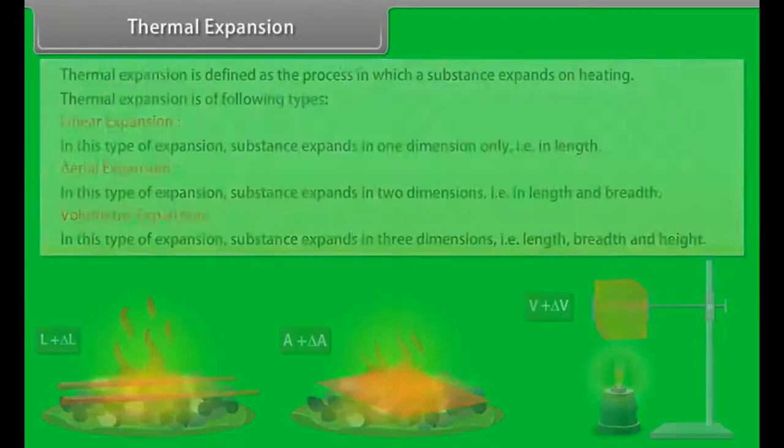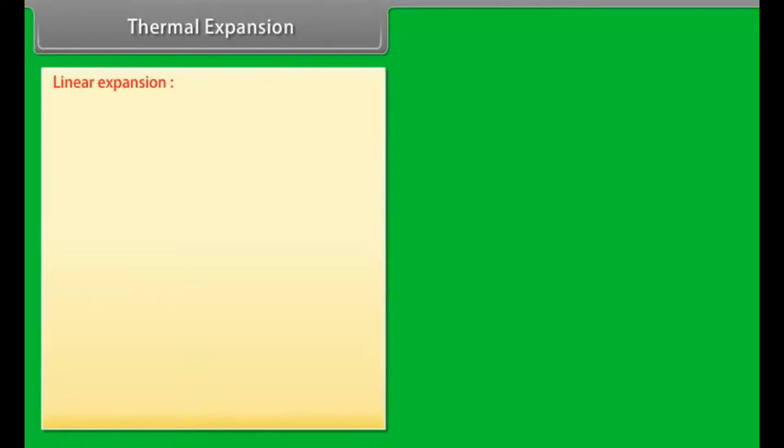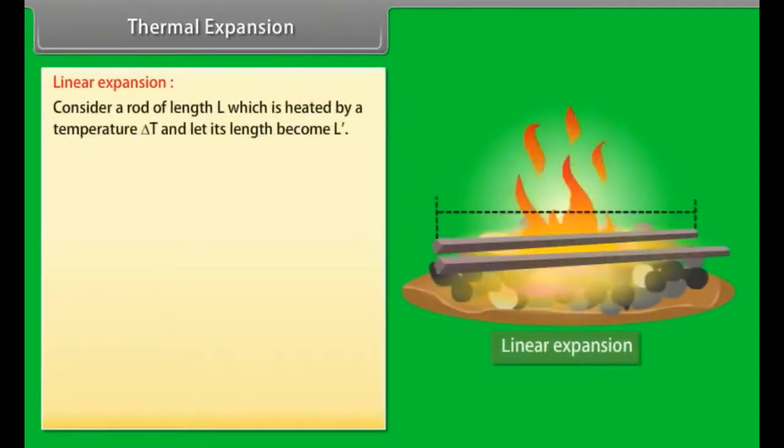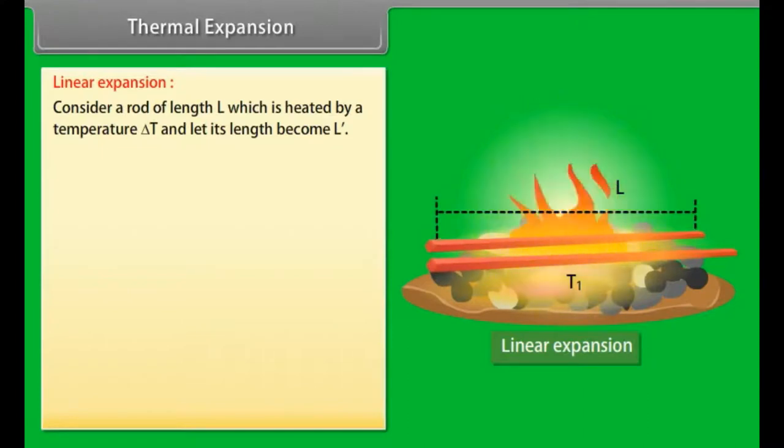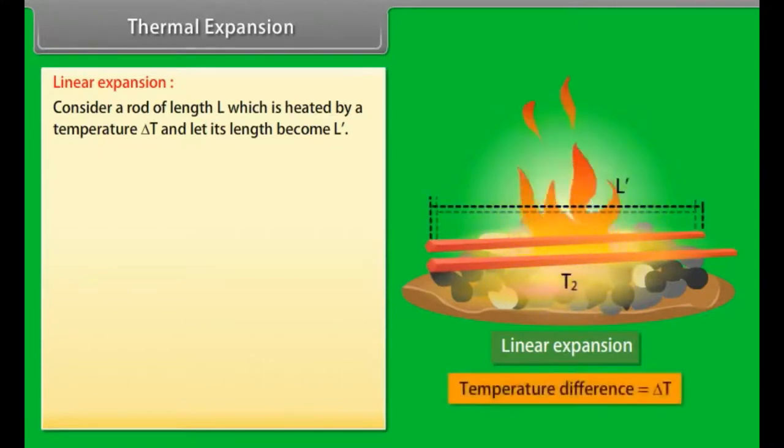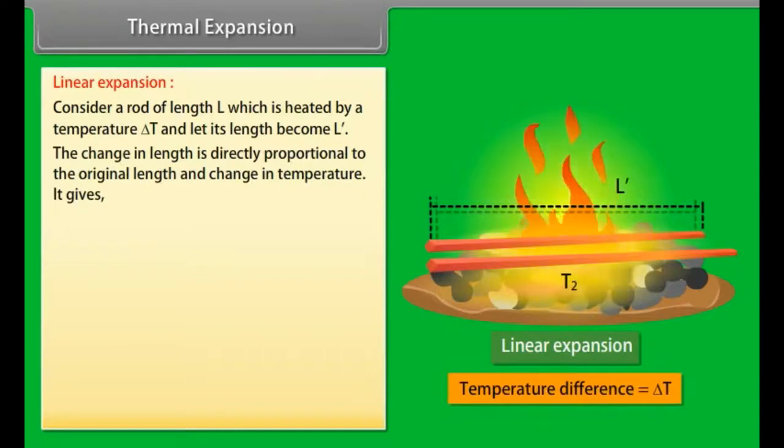Linear expansion. Consider a rod of length L, which is heated by a temperature delta T, and let its length become L dash. The change in length is directly proportional to the original length and change in temperature.